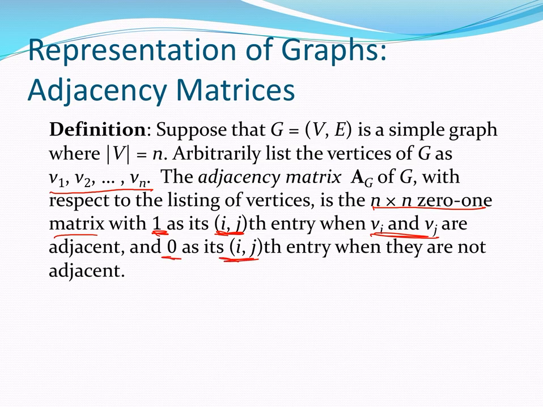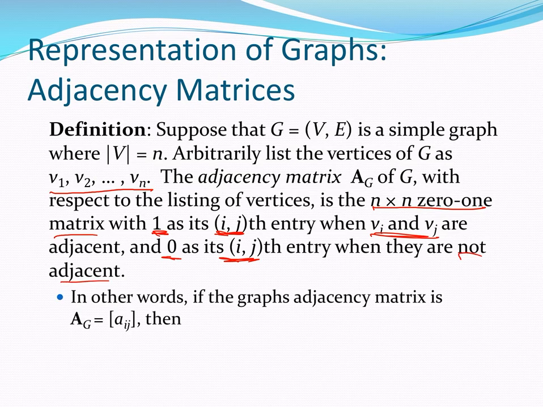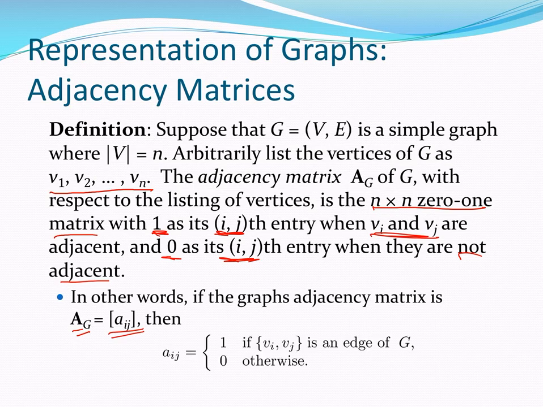And a 0 will be in the ij position when there is not an edge between them, they're not adjacent. Another way to write a representation of G is brackets with a lowercase a, ij representing all the entries. Again, it's an n by n matrix, and aij is 1 if there's an edge connecting vi to vj and a 0 otherwise.